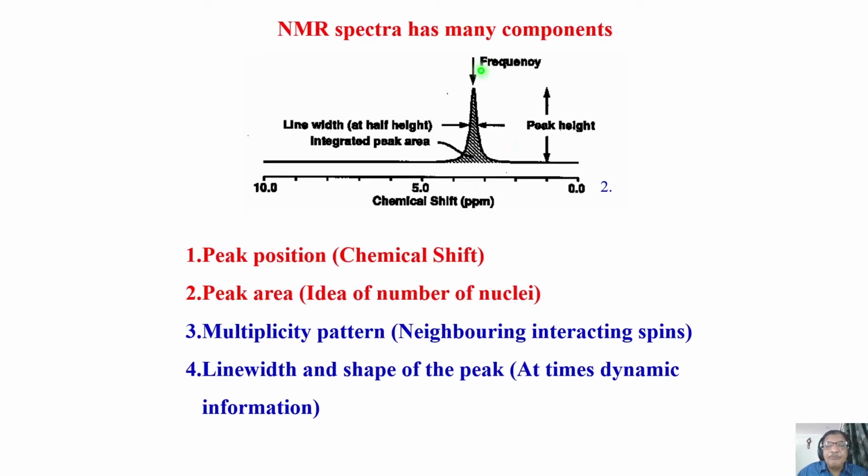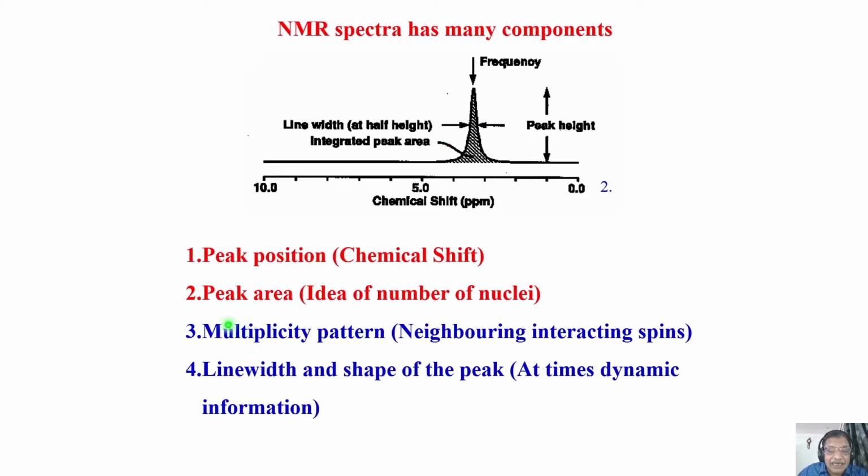For example, if I know where the CH group is, I know the CH group comes because of a single proton, then relative to that I will say this intensity must be 3 and this should have 3 protons. Like that, peak area tells you the number of nuclei, number of spins or number of protons which are responsible for this.